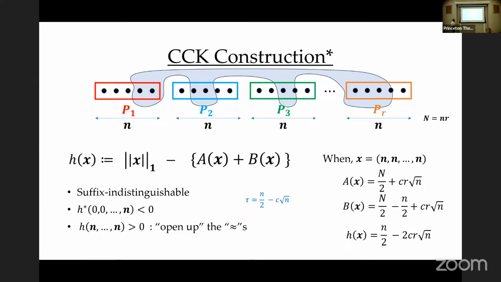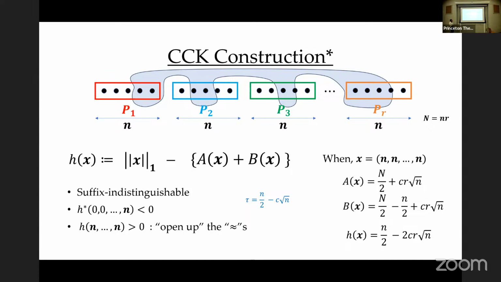And when you do that, if I take all the elements, what is Ax? Ax was: I look at how many more than tau elements I pick here, and I add them up for everything. Now I pick n by 2 plus c root n elements from everything. So when I sum them up, A's value becomes nr by 2, which was half of the whole set, but I have an extra term, c root n, for all of these r things.